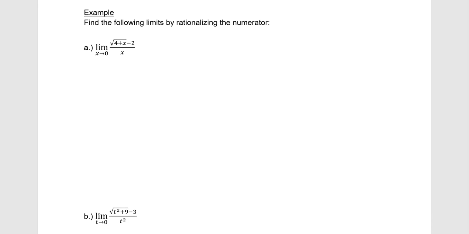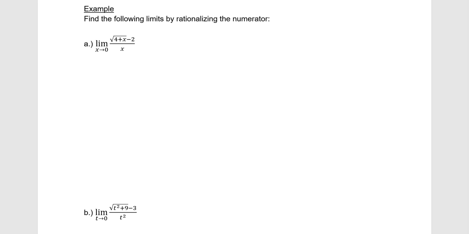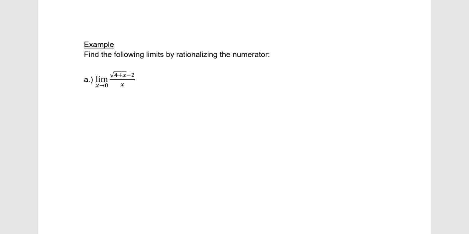Now let's see one where we have to rationalize the numerator. So we want the limit of the square root of 4 plus x minus 2 over x as x approaches 0. So before we do that, let's recall something with these conjugates. Let's recall that if we multiply conjugates, a plus b times a minus b, we get a squared minus b squared.